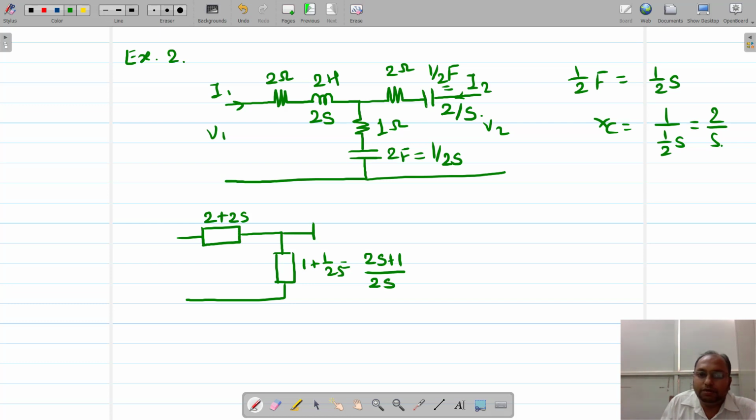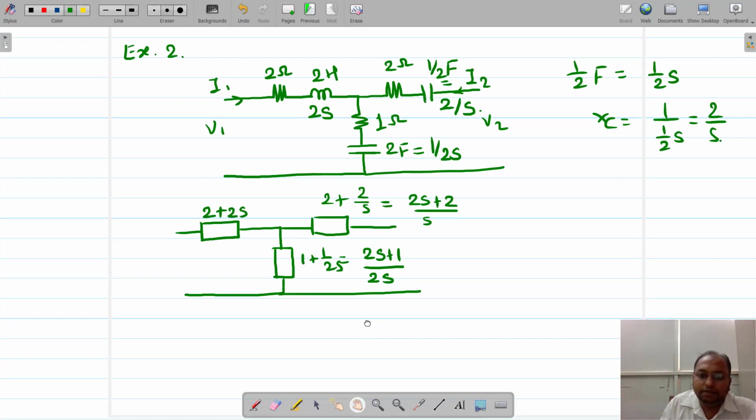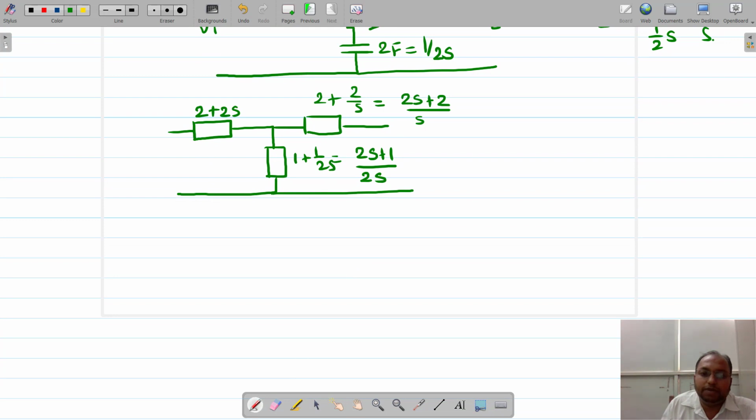And this is nothing but 2 plus 2 by S, and after simplification it will be twice S plus 2 divided by S, isn't it? So let me redraw the circuit diagram again, and we'll then proceed to find out the Z parameter, okay.